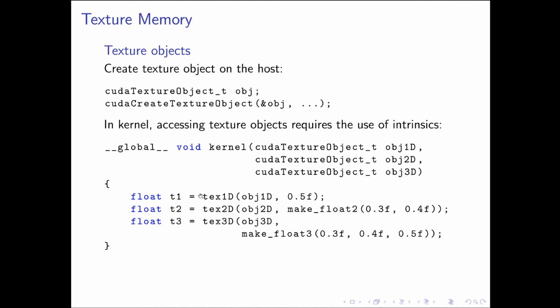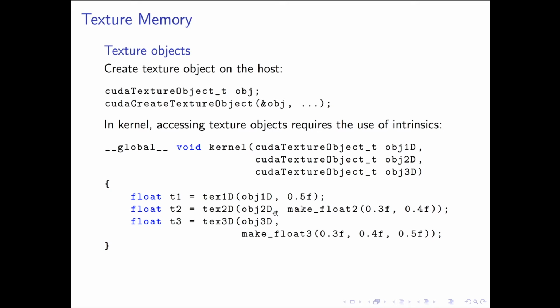Inside the kernel, we can access the texture using these intrinsic device-side functions, which are basically access functions. So we don't directly obtain a pointer or an address here, but instead we tell CUDA that we want to access our texture object.